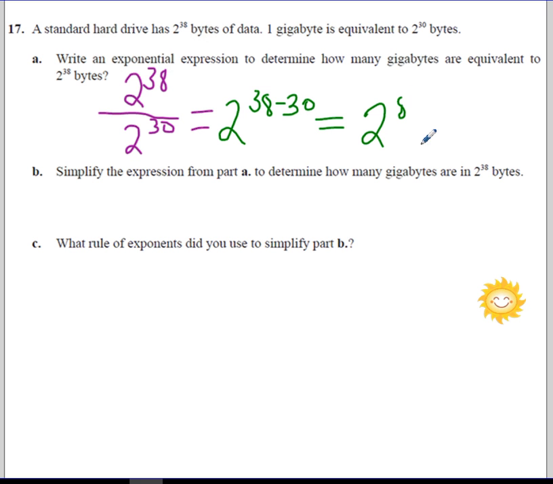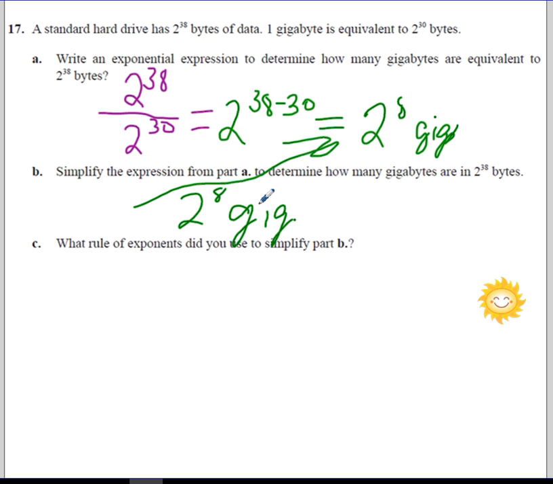And so that is in gigabytes. So simplifying it gives us 2 to the 8th power gigabytes. And what rule did we use this time? We used the quotient, or the dividing rule.